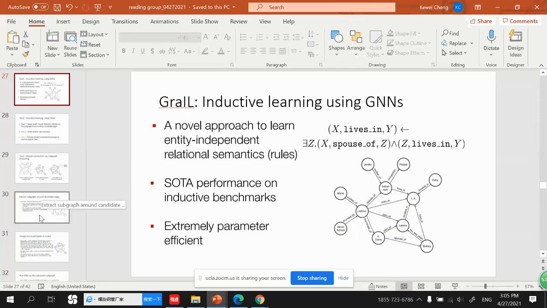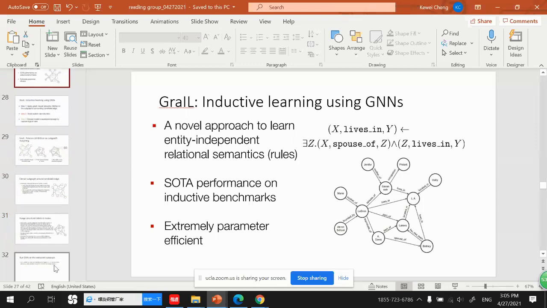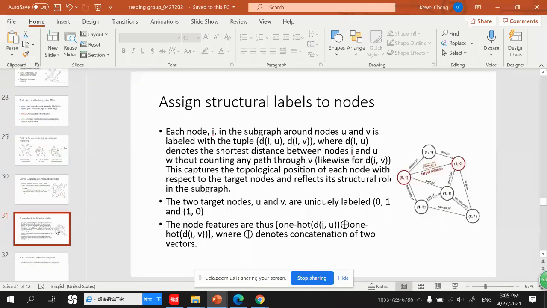So in order to avoid such mistakes, we need to explicitly distinguish the direction of the links. So they try to concatenate the labels of the tuples in order to represent the node.